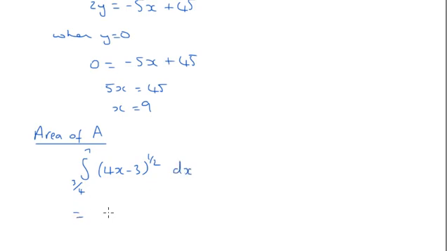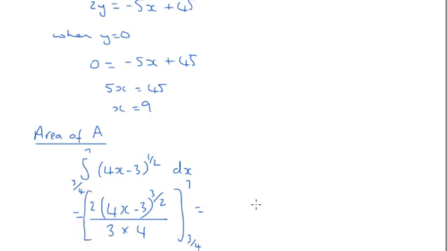So we're going to add 1 to the power, divide by the new power, which is the same as timesing by the reciprocal of that power, and dividing by the coefficient of x as well. So that will simplify to (4x take 3) to the 3 over 2, over 2 over 1, over 2 over 6.